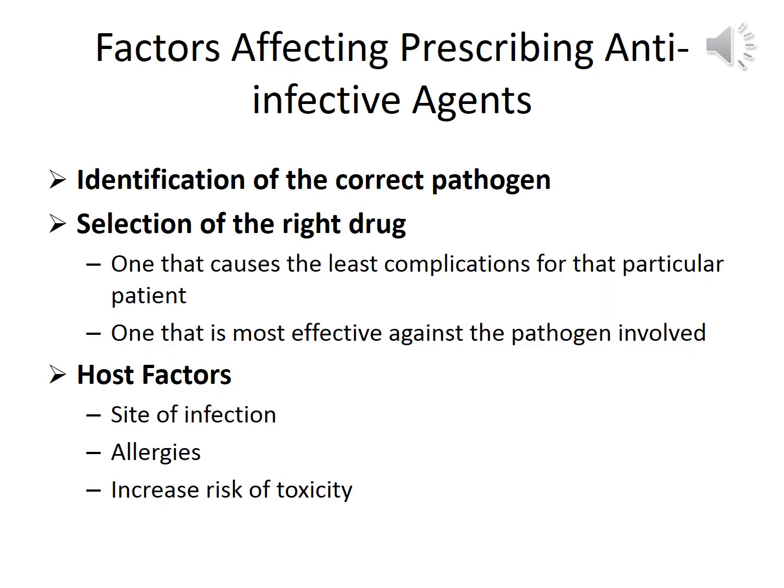As we're going to learn, there's a lot of different classes of antibiotics, and they all have their pluses and minuses, their strengths and weaknesses. And so how do we go about deciding which one to use? Number one is always identification of the correct pathogen. And typically we do that with our culture and sensitivity, which we'll cover in a second. I believe that you should have covered that in your microbiology class.